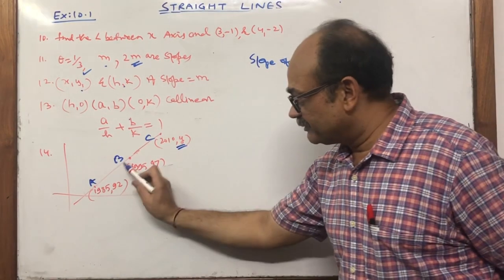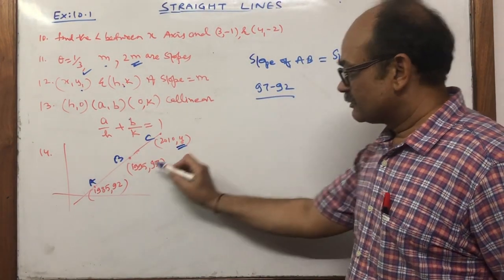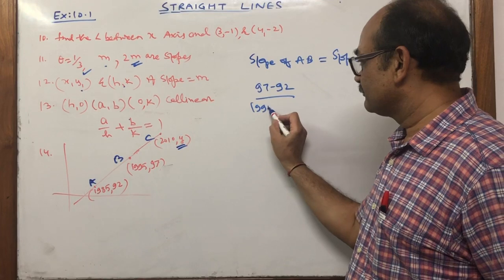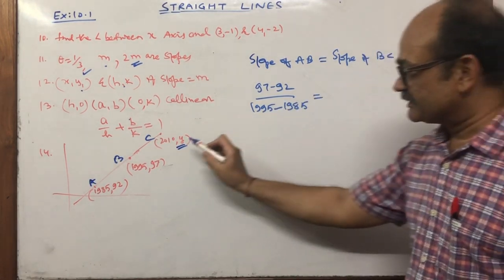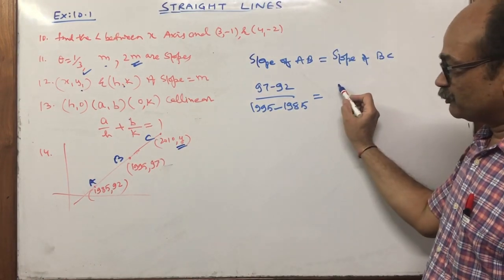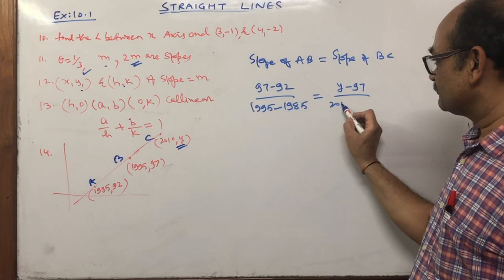What is slope of AB? This minus this: 1995 minus 1985, equals slope of BC, 2010, y2 minus y1 over x2 minus x1.